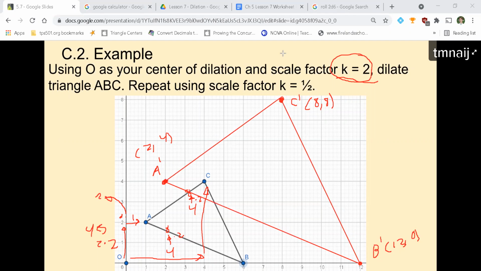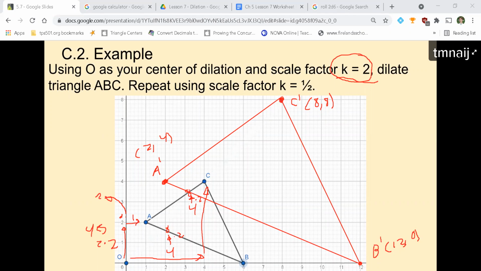And you'll see that, okay, I'm going to draw these lines in, but you don't have to. You can see that from O to A prime, you basically doubled that length. From O to C prime, it went 4 diagonals, and now it goes another 4 diagonals, doubled the length there.